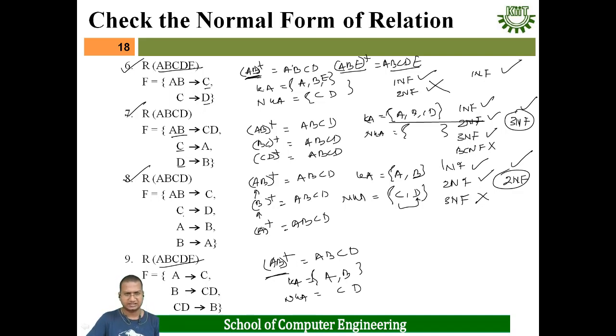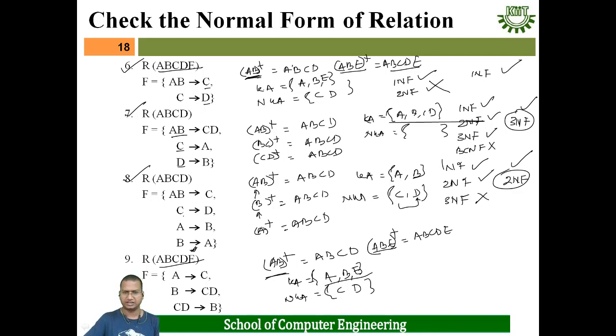Sorry, in this case E is also another attribute. That's why we have to add ABE closure, then only it will be a key. That means ABCDE. Okay, ABE closure. That means AB is the candidate key, ABE are the key attributes, and CD are the non-key attributes.